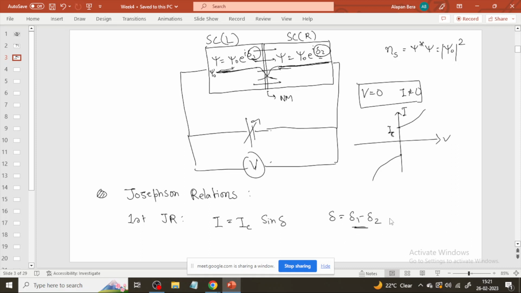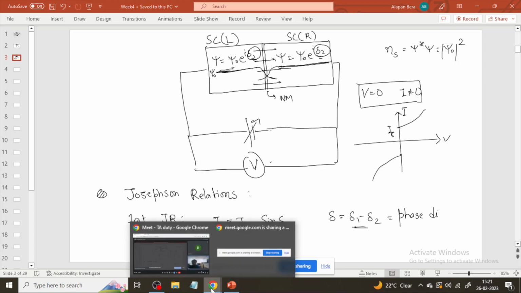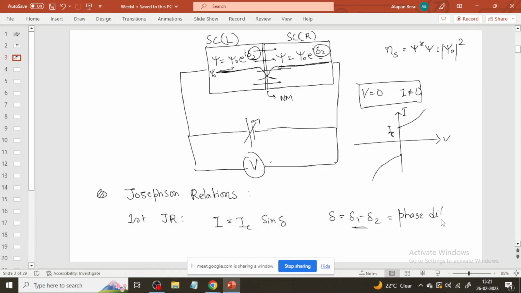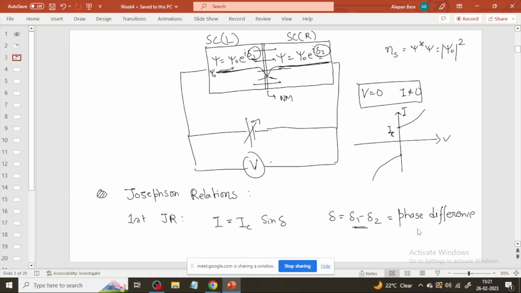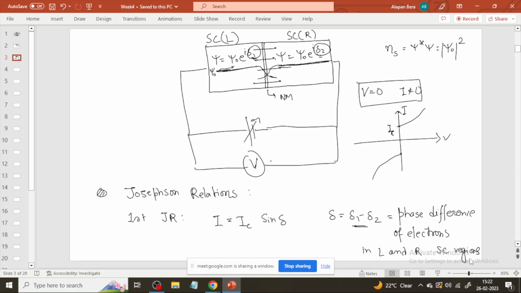So this is basically the phase difference in the left and right superconducting regions.